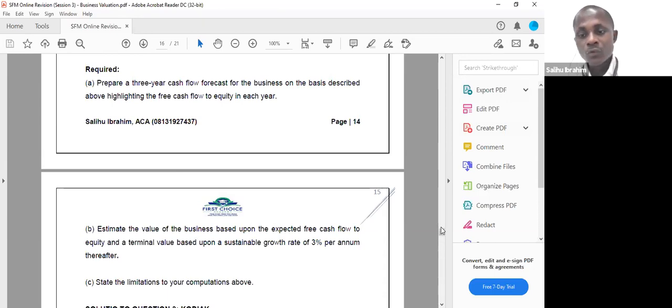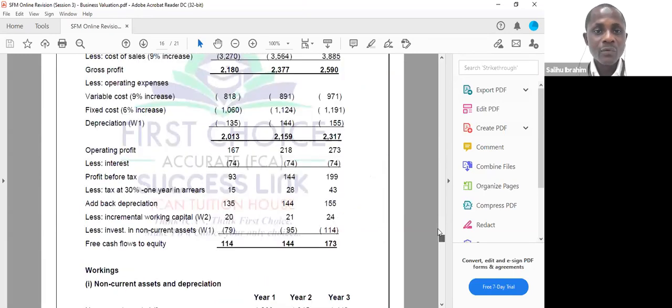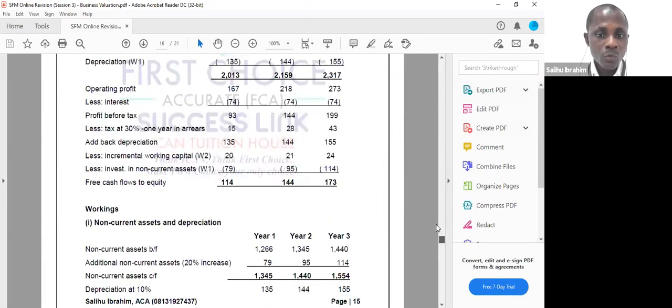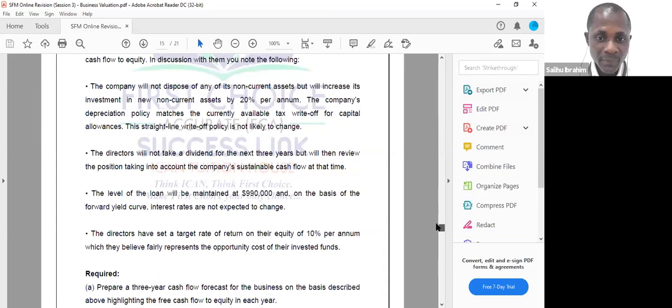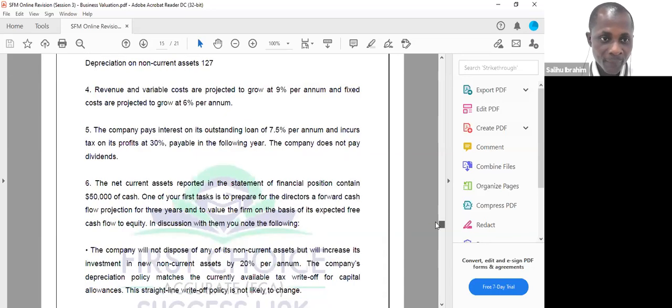So if you look at A, we have computed those free cash flows already. And if you look at the question, we're told that the free cash flow is expected to grow by what rate? Let me see that rate given to us here.